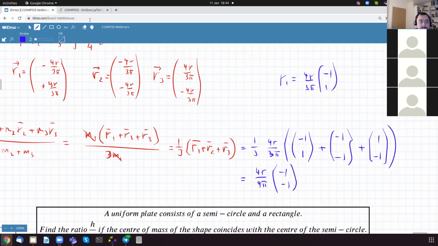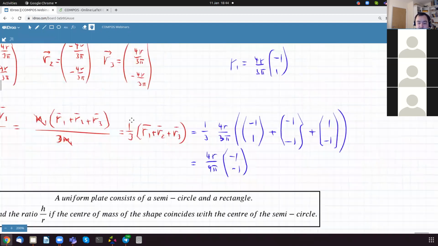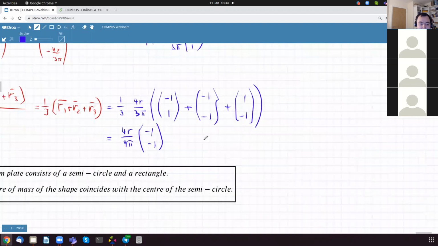So these are the coordinates. So here we can see that the x center of mass is equal to minus 4r over 9 pi, and the y center of mass is minus 4r over 9 pi.